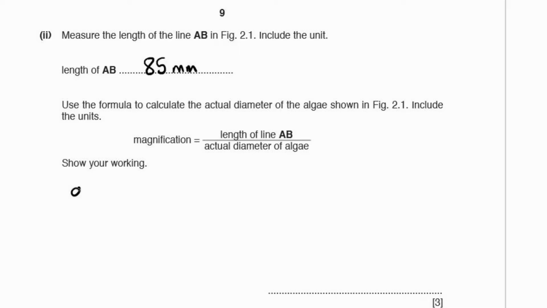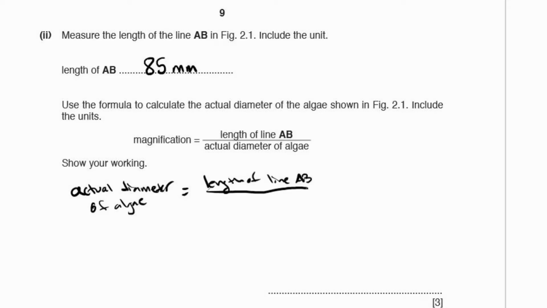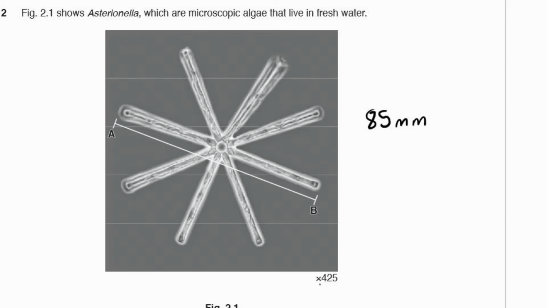We're looking for the actual diameter of the algae, which would mean that it equals the length of the line AB divided by the magnification. So we said that was 85 millimeters divided by 425, magnification.